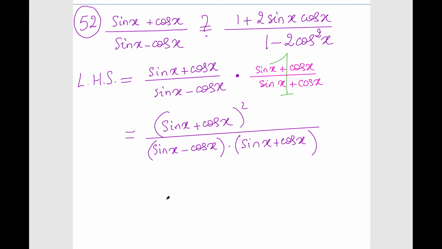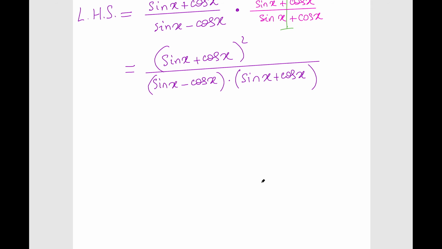Regarding downstairs, this is of the form t minus z, let's say, times t plus z, right? This is of the form t minus z times the same t plus the same z. It should look familiar by now. We've done it a couple of times above. This is t squared minus z squared, right?